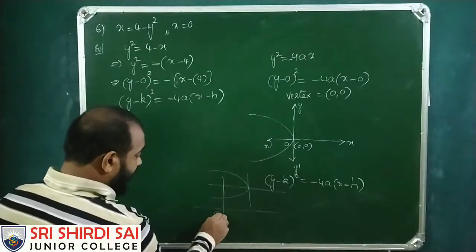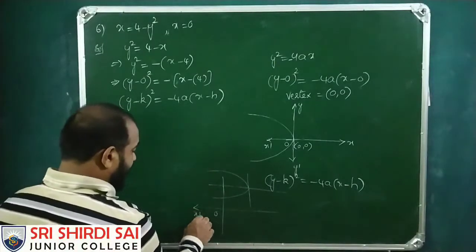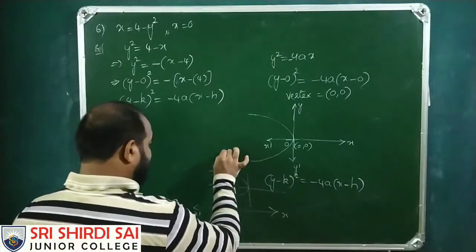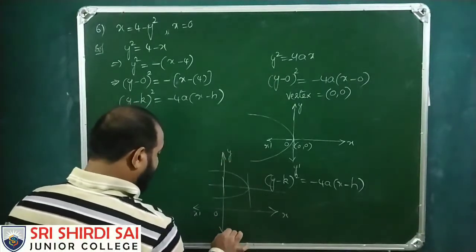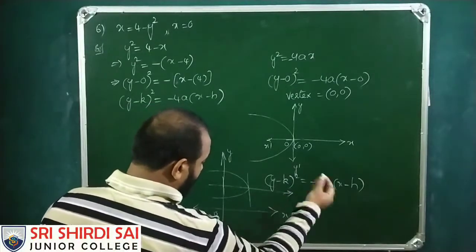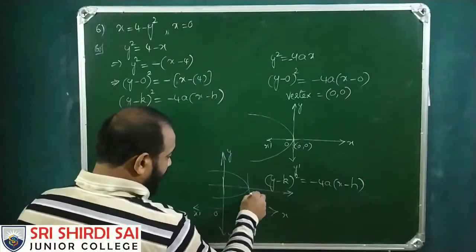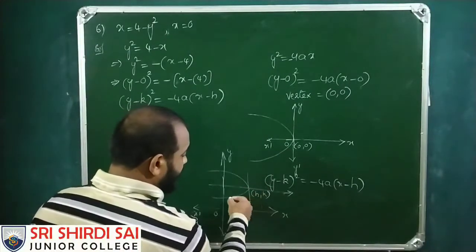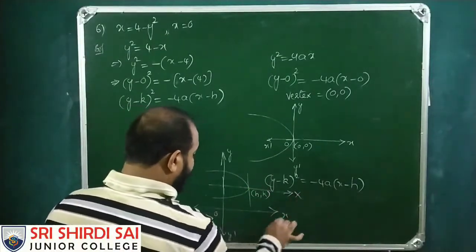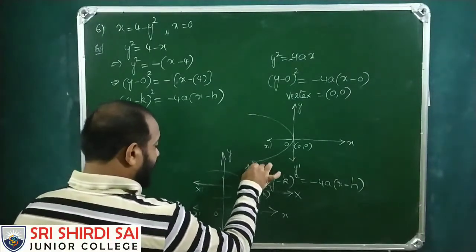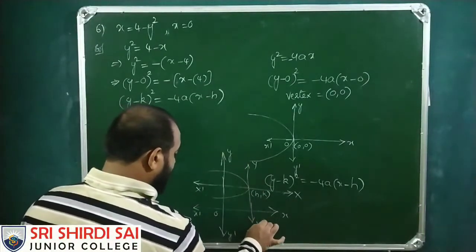So earlier the origin is this, with negative x axis, positive x axis, negative y axis, positive y axis. Now this is the new origin. So its vertex is shifted to h comma k. The origin is shifted to h comma k. This is x, x dash, y, y dash.